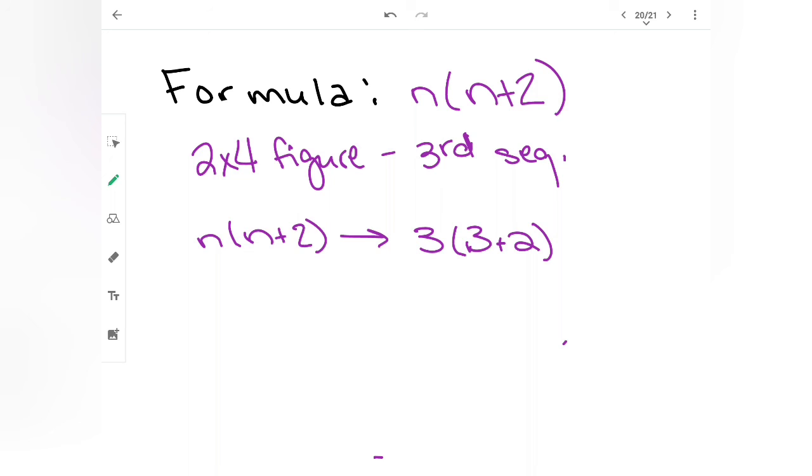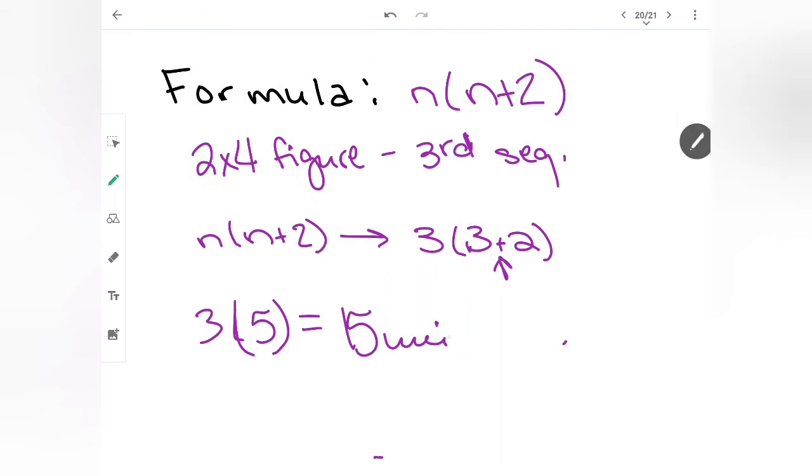The best way to solve this equation would be to follow the rules of PEMDAS. So first we're going to start with our brackets. We're going to do 3 plus 2, which is going to be 3 times 5, which will in the end be equivalent to 15 units or dots.